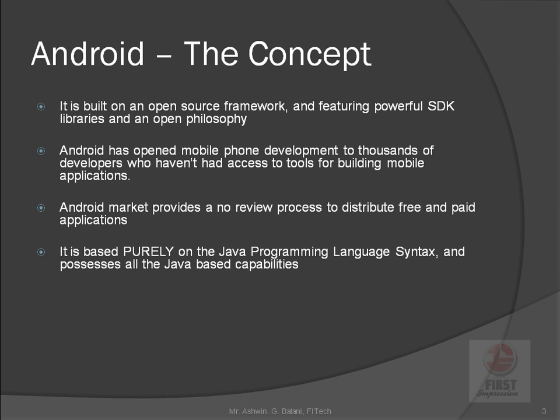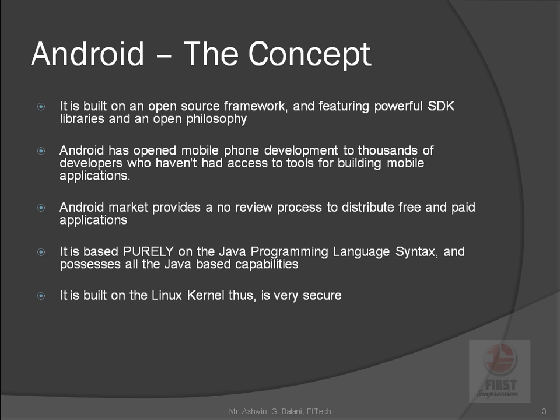Android is purely based on the Java programming language syntax and possesses all Java-based capabilities. So whatever Java programming you have learned before, you can apply that knowledge to Android to create rich applications. It is built on the Linux kernel, thus it's very secure. Whatever activity you want to perform on the device, you have to take permission from the user to do that.